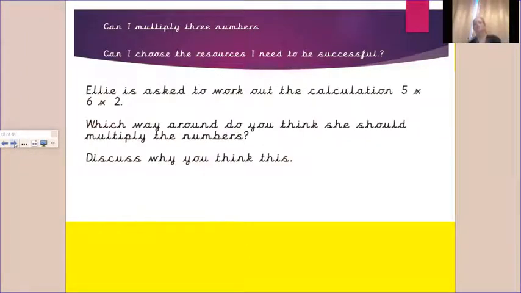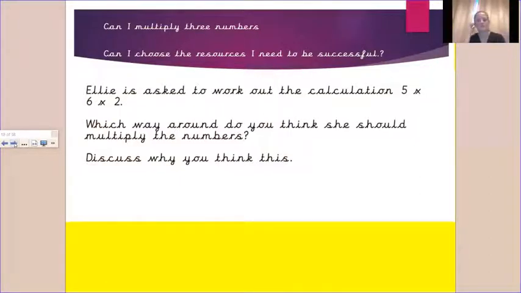Right. In the next question, it says, Ellie is asked to work out the calculation 5 times by 6 times by 2. Which way round do you think she should multiply the numbers? And I want you to think about why we should do it that way. Go back to the beginning of our lesson where we said that there was an associative law. It doesn't matter what order you put these numbers in, okay?